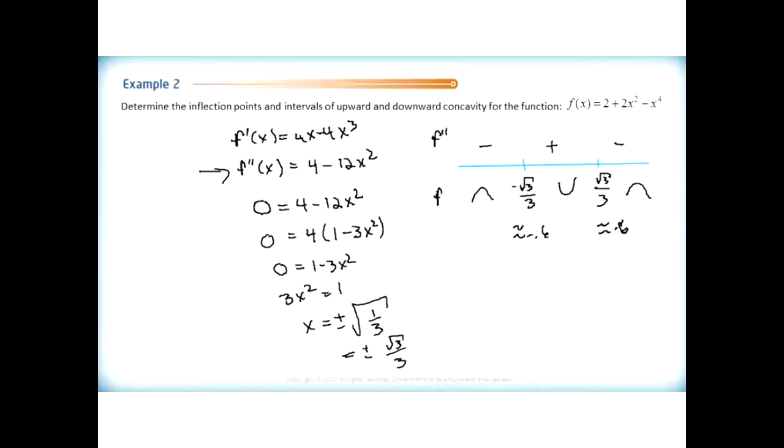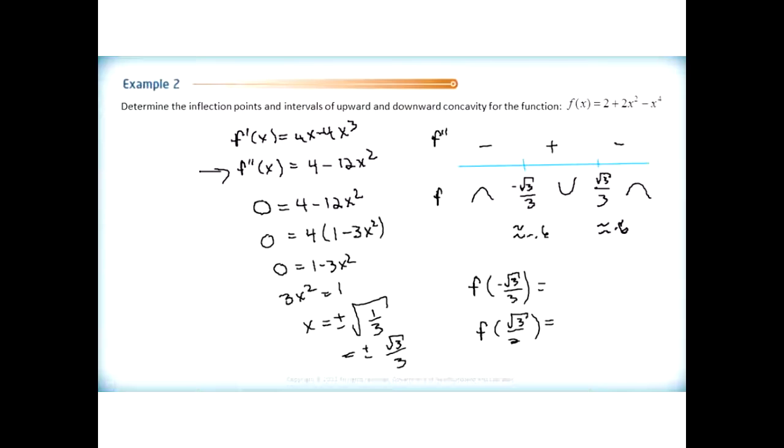The only thing that remains to be seen is what the y-coordinates are at our two inflection points. So I've got to find f of negative root 3 over 3 and f of positive root 3 over 3, so that I can get my inflection points, assuming that these exist, and since it's polynomial, we will assume they do.